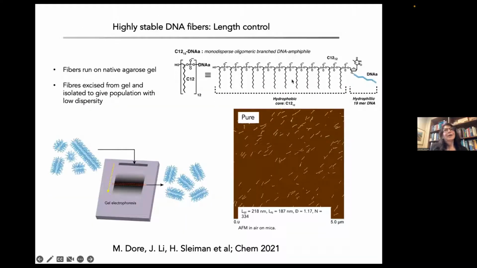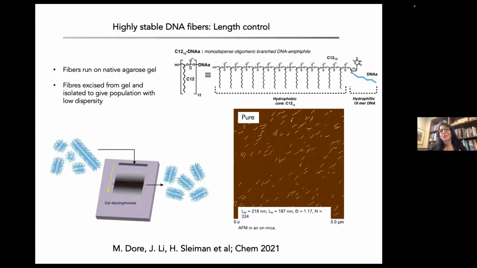So I don't have time to tell you too much about this, but with very simple changes in sequence and in composition of our polymers, we are discovering really a wonderland of different morphologies and different structures. And so the nice thing about these is that they are even more simple than regular DNA nanostructures.